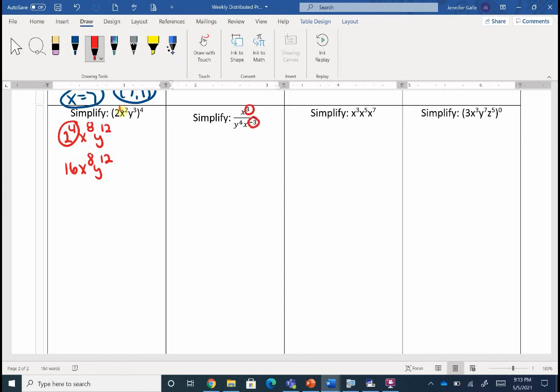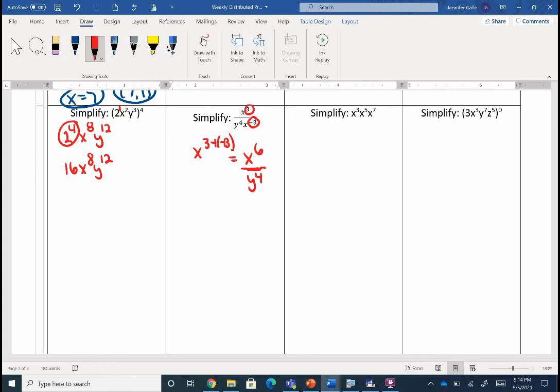Please be careful when you subtract. You're subtracting a negative. So you're going to have 3 minus negative 3. That becomes addition, so you get x to the 6th. Y to the 4th, there aren't any other y's. Y to the 4th already has a positive exponent. I don't move it anywhere. So the y to the 4th just stays in the denominator.